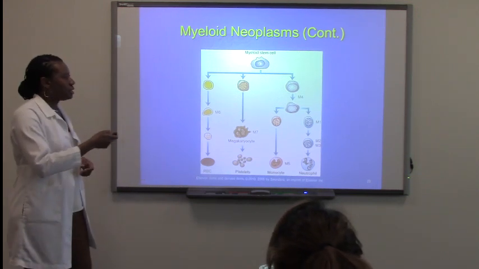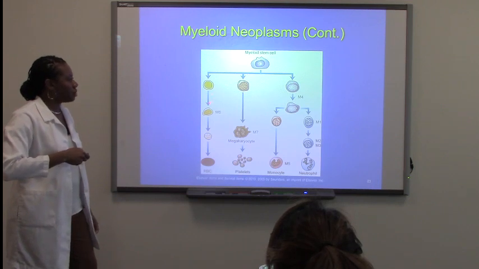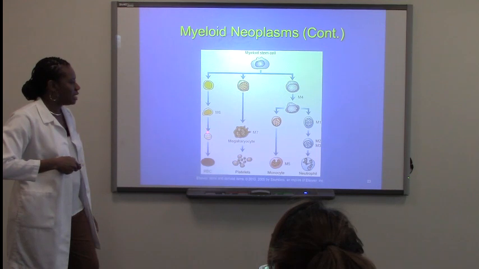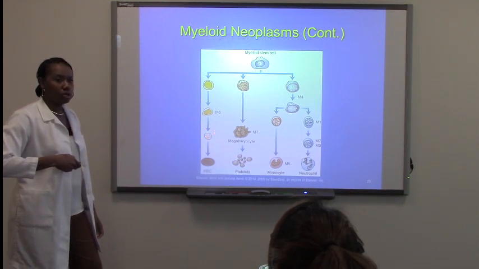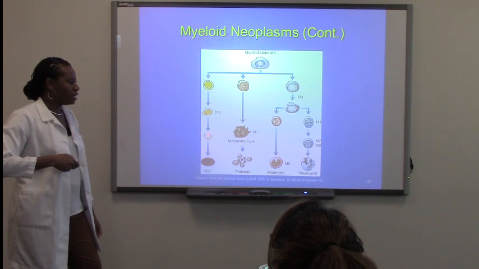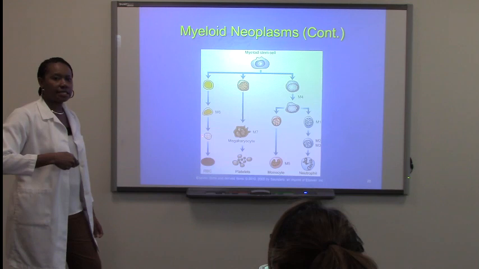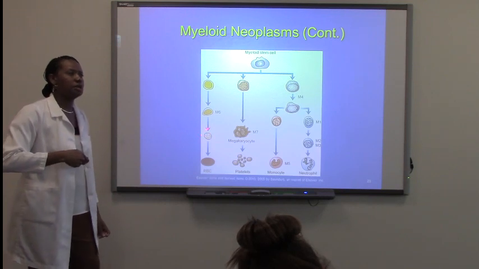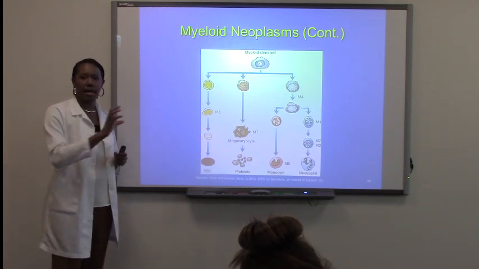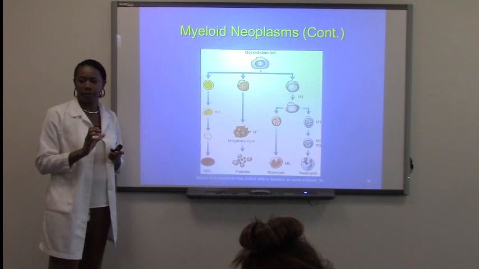Say this one is going through the maturation process, and then all of a sudden right here, at the immature stage, it becomes cancerous. When you have a cell that is cancerous at an immature stage, this is considered an acute leukemia. So please understand that acute leukemias attack the cell at its immature stage.